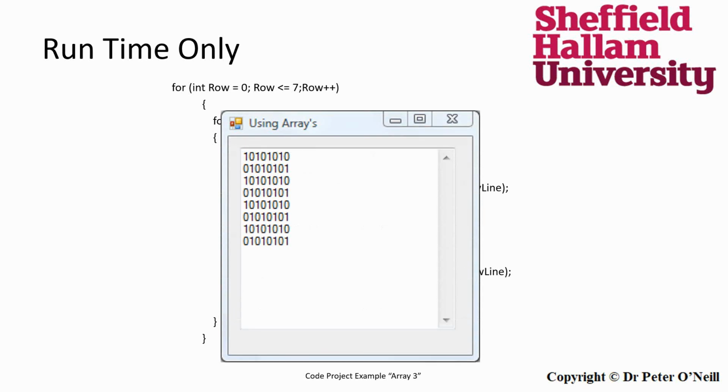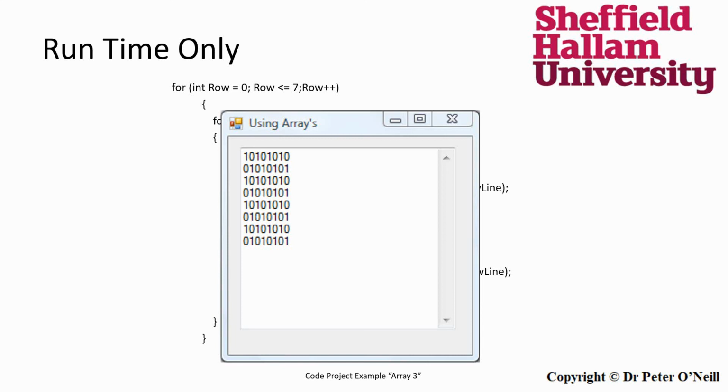And this is what it produces. Admittedly, it doesn't look square. It's more of a rectangle than a square, but that's just because the sizing of our text is taller than it is wide. So we could change that.